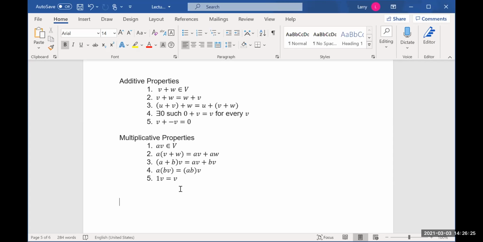Yes. Does it satisfy a times (f plus g) equals a times f plus a times g? Yes. How about (a plus b) times f, is that af plus bf? Yes. How about a times (b f), is that the same as (a times b) times f?